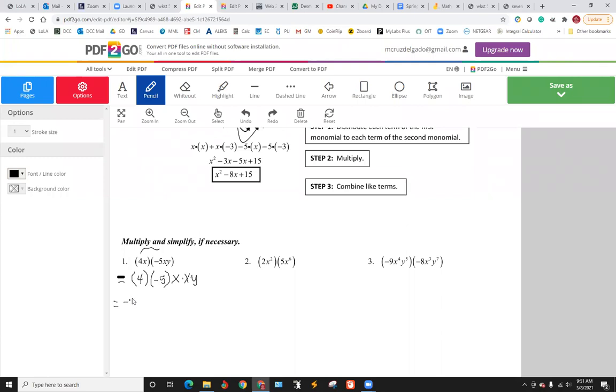So that's -20. And as I said, this is 1, and that's a 1. So when we use the product rule for multiplication on like bases, we add those ones up. Good job, Krishna.